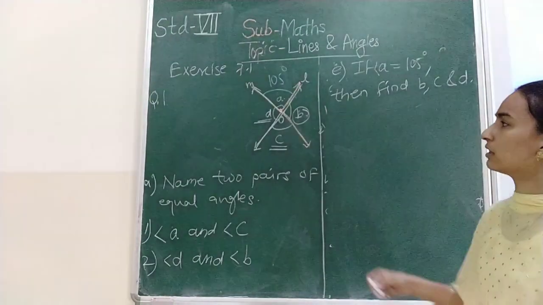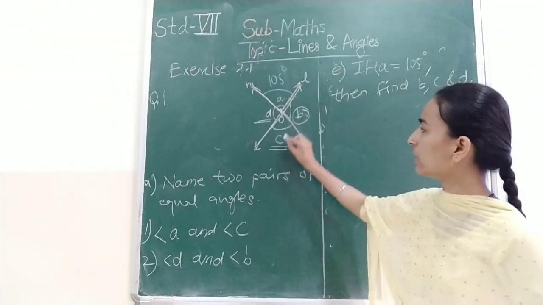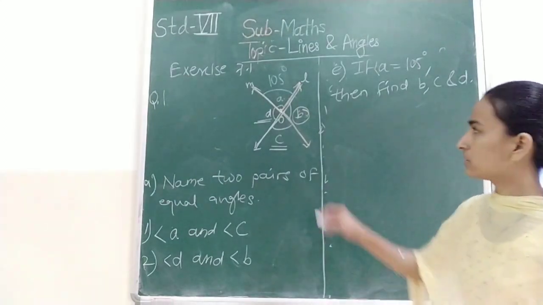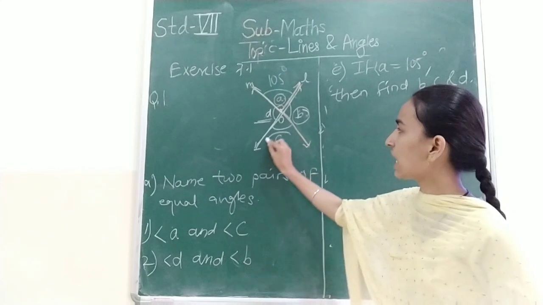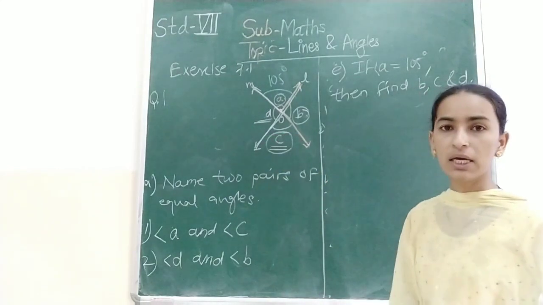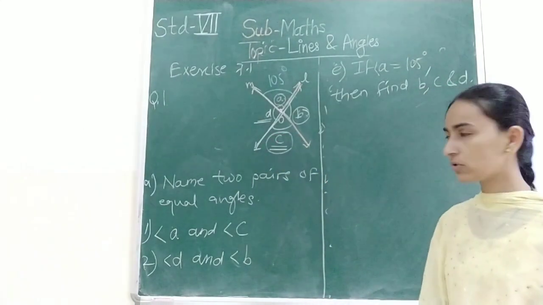So what will be D, B and C? See, opposite to this A, which angle is there? C. These are vertically opposite.